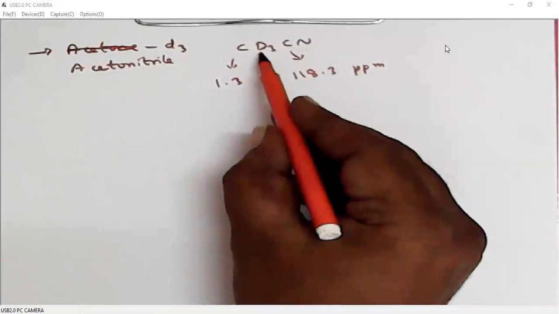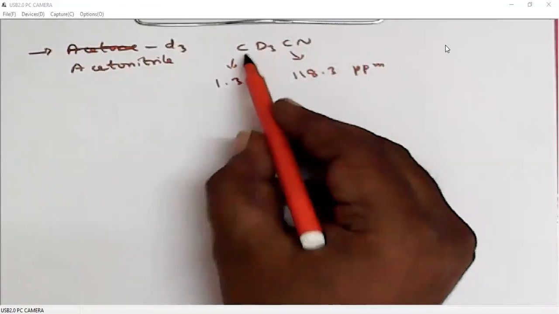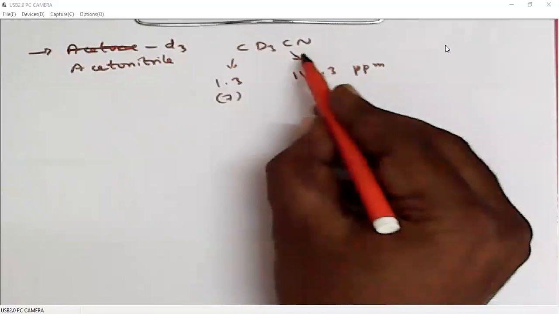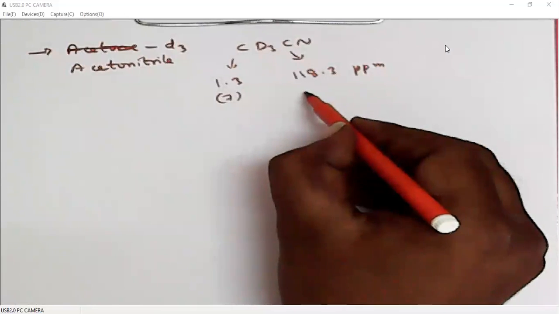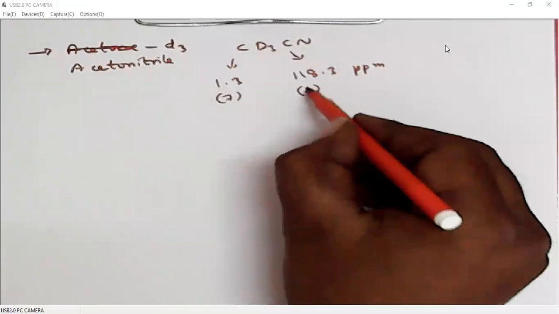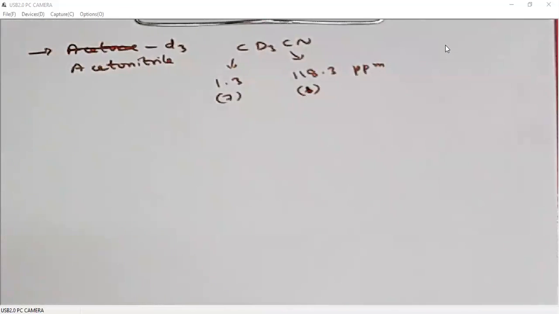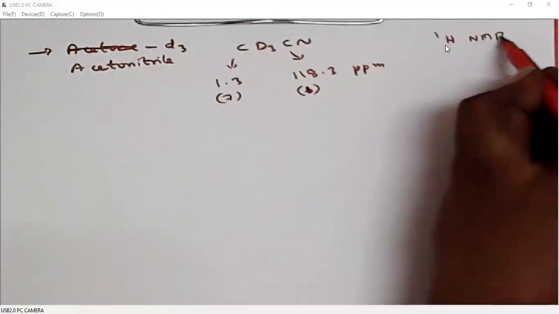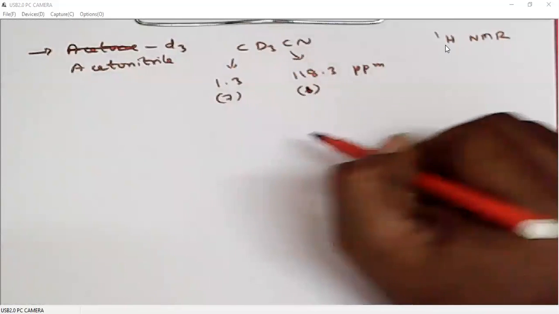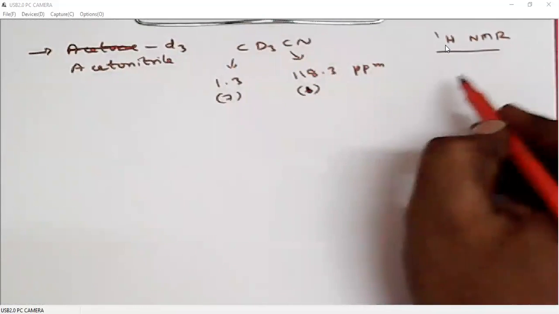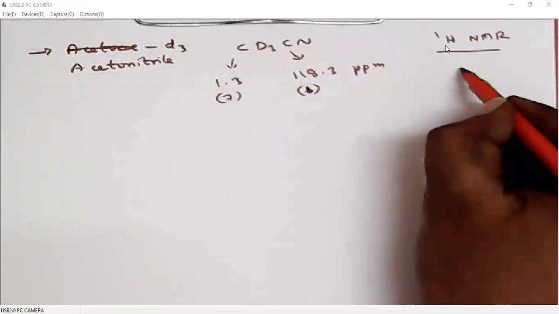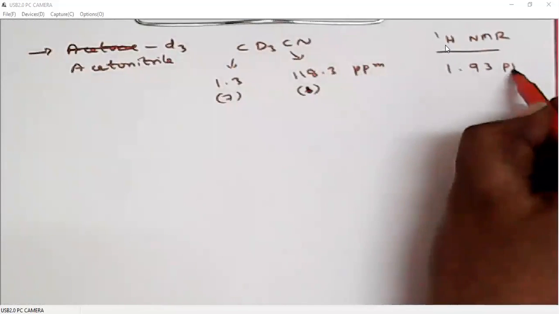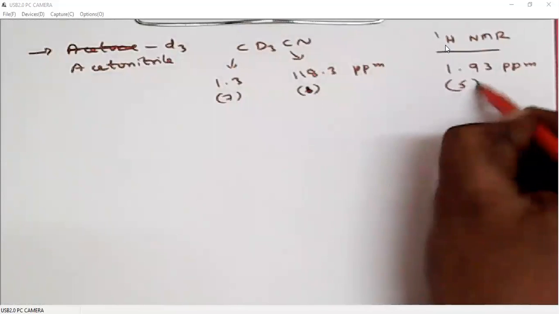Because we have three deuterium atoms on carbon, we expect a multiplicity of 7, whereas this carbon doesn't have any deuterium, so we expect a singlet. So multiplicity only 1, a singlet. In the proton NMR also, due to the rapid exchange of deuterium with protons present in the solution, we do expect a signal at 1.93 ppm with a multiplet, a quintet.